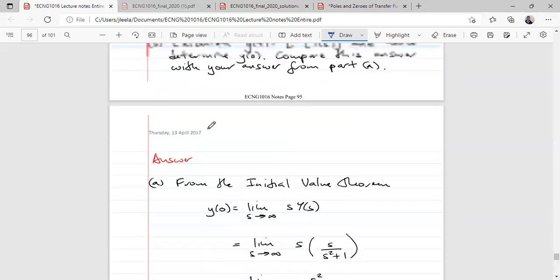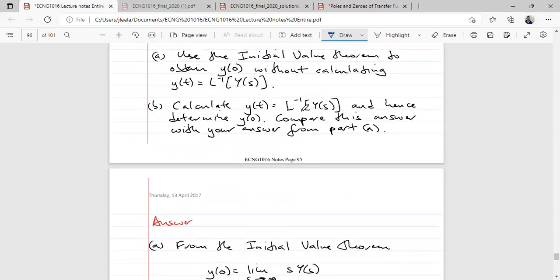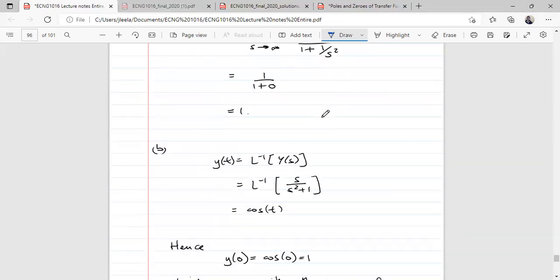So part B suggests that you take the inverse Laplace transform of Y(s) to see if that really is the case. We know that the inverse Laplace transform of s over s squared plus 1 is cos t, so y(t) will be cos t. And for the initial condition, if you replace t by 0, y(0) is cos 0, which is 1.